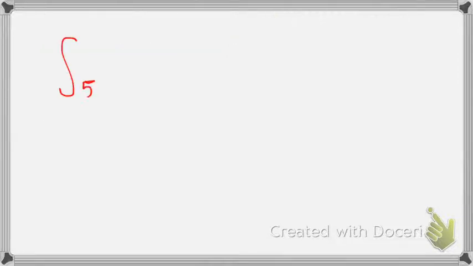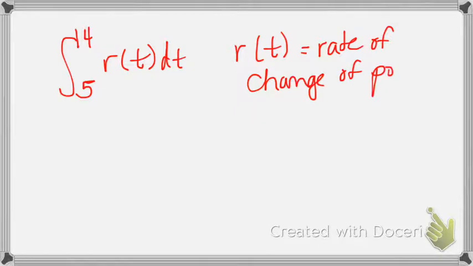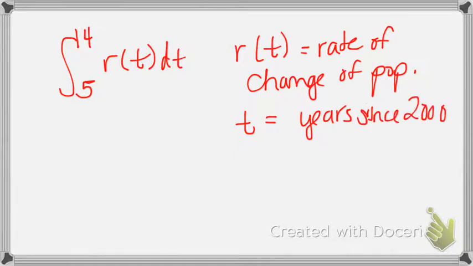Okay, here's another one. R of t represents the rate of change of population, and t represents the years since 2000.